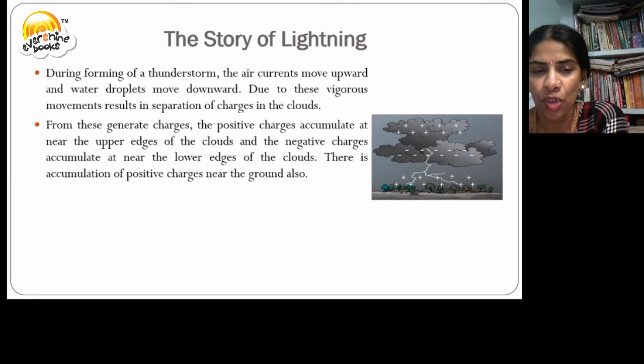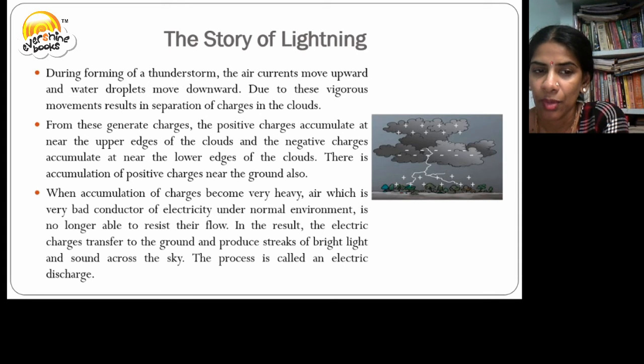There is accumulation of positive charges near the ground also. When the accumulation of charges becomes very heavy, air, which is a bad conductor of electricity, is no longer able to resist their flow. As a result, the electric charges get transferred to the ground. It produces streaks of bright light and sound across the sky. This is known as an electric discharge. This is the story of lightning.